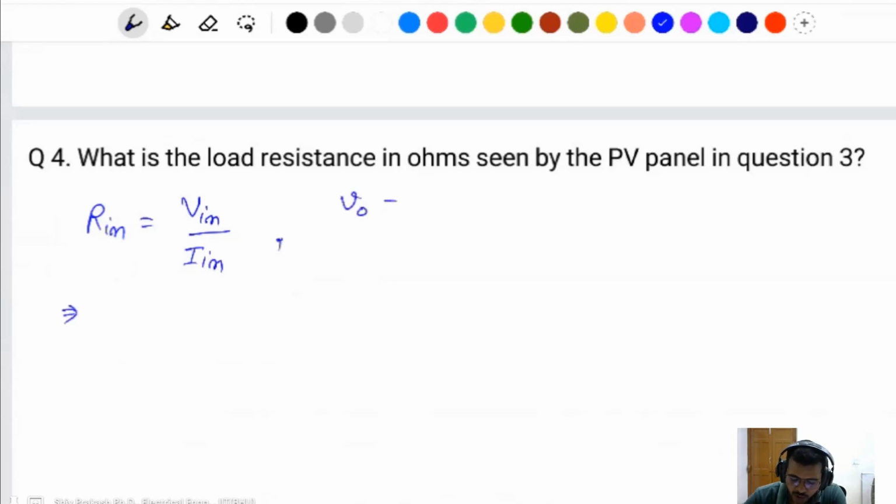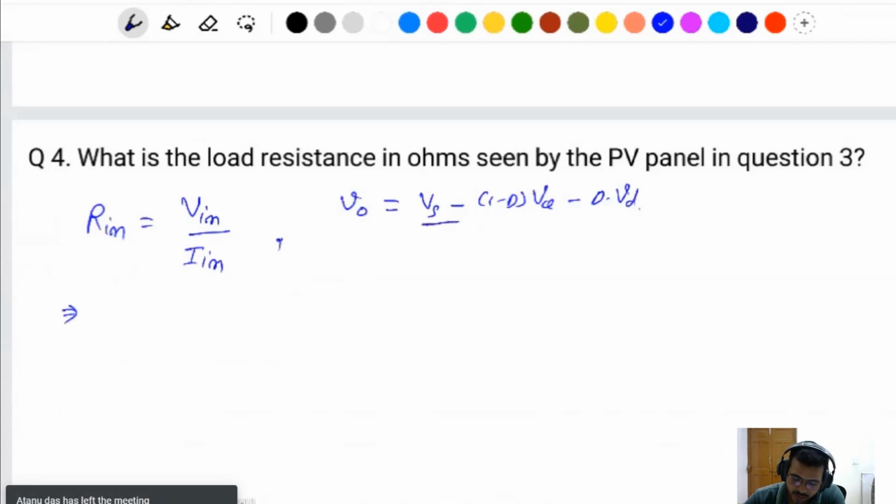We will also calculate the output expression as Vs minus (1 minus d) into Vq minus d into Vd, divided by (1 minus d).